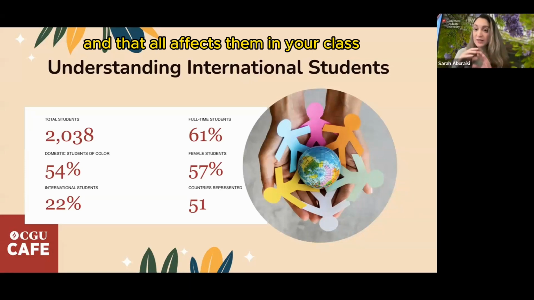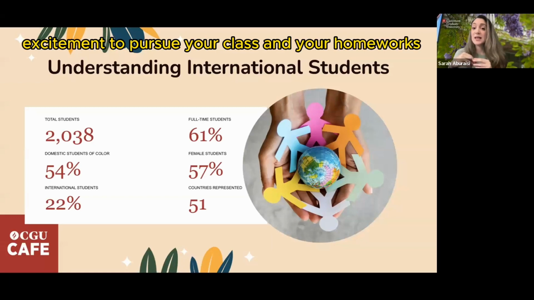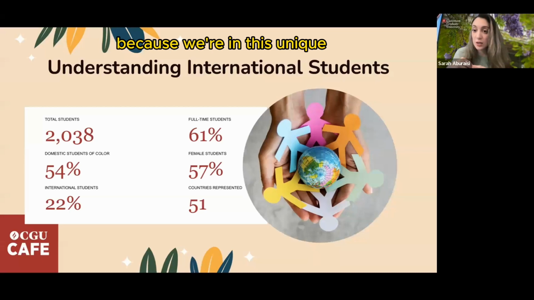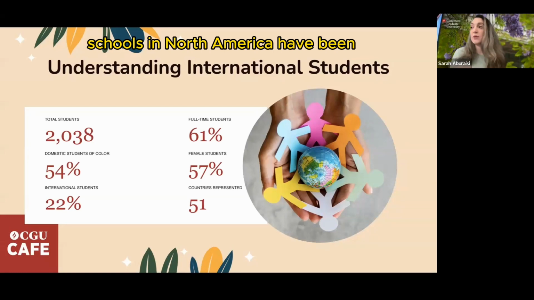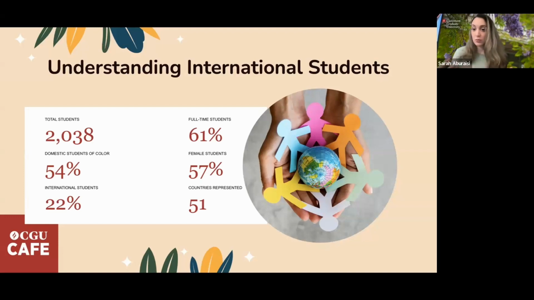And that all affects them in your class, whether in their deadlines, their behavior, their general demeanor, their excitement to pursue your class and your homework. Because we're in this unique place, and schools in North America have always been the number one destination for people to pursue science, we as educators have to be well-rounded for that.